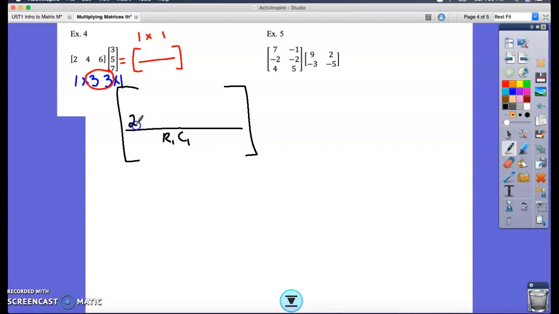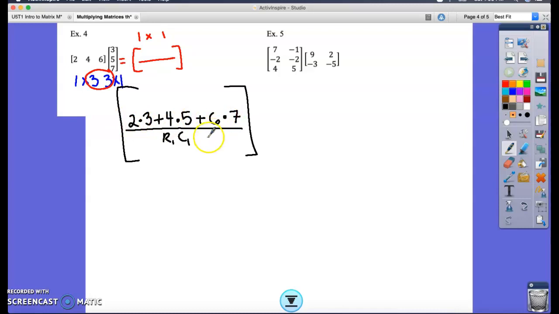I have 2 that is first in this row, and 3 that is first in this column, plus between the pairs, 4 that is second, 5 that is second, plus my third pair is 6 times 7.